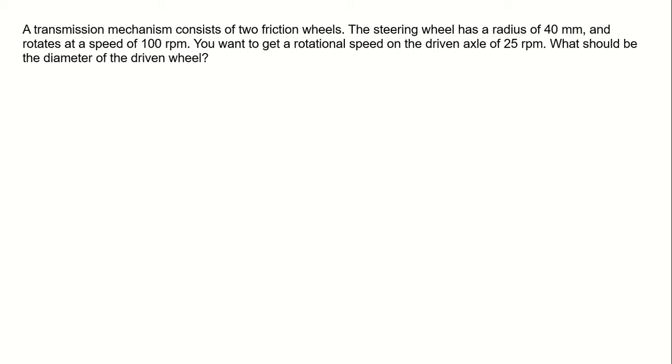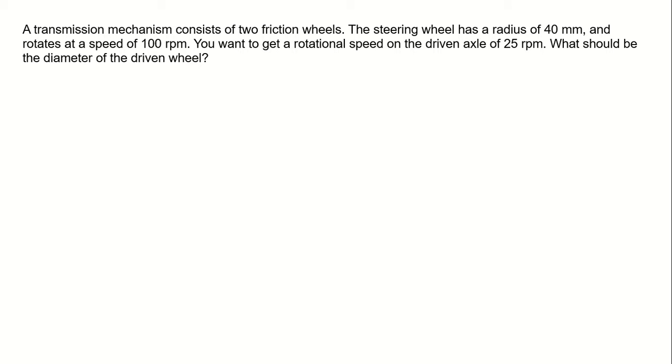The steering wheel has a radius of 40 millimeters and rotates at a speed of 100 rpm. You want to get a rotational speed of the driven axle of 25. What should be the diameter of the driven wheel?